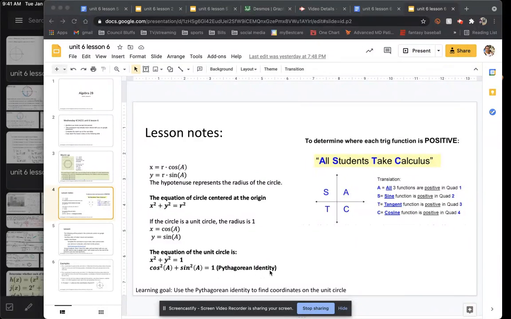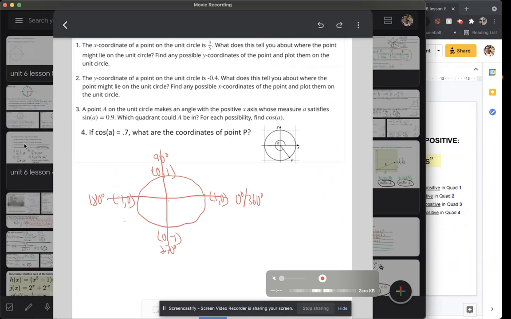If I know that the equation of the unit circle is x squared plus y squared equals 1, and I know that on a unit circle x goes with cosine and y goes with sine, then if I plug in cosine for x and sine for y, I end up with cosine of a squared plus sine of a squared equals 1. That, again, is known as the Pythagorean identity. With that in mind, let's take a look at the examples here.